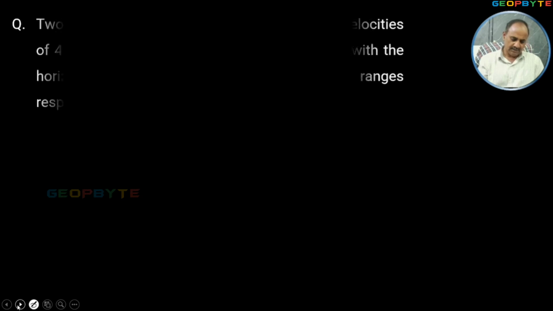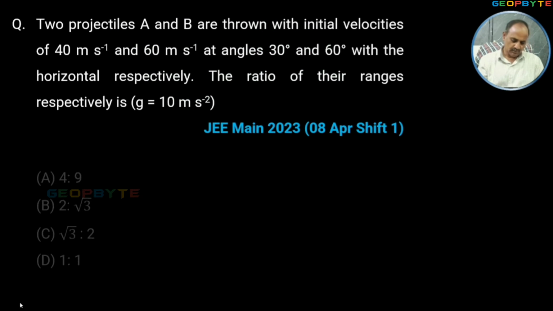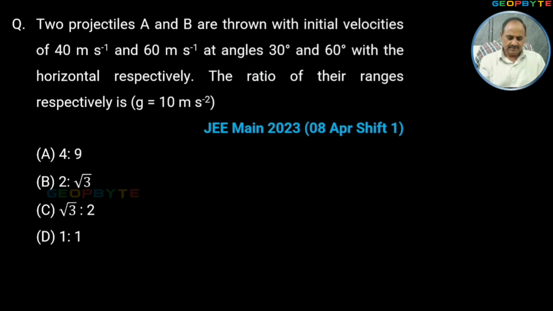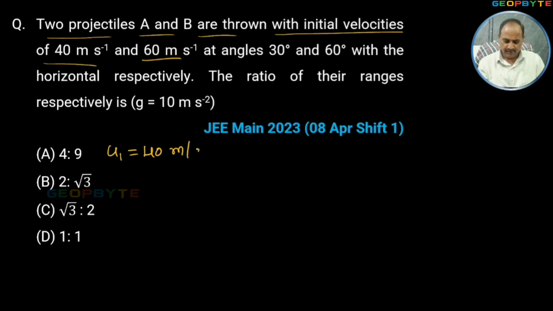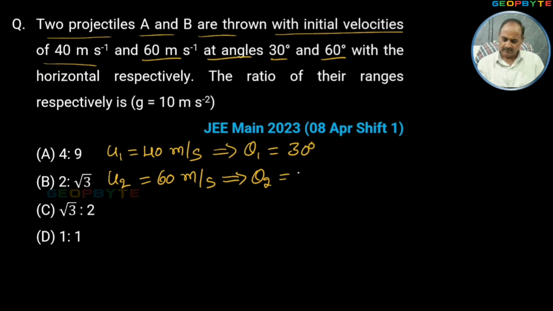Similarly, let us take another question. Look at this one. It is asking like this. Two projectiles A and B are thrown with initial velocities of 40 meter per second and 60 meter per second, U1 and U2, at angles 30 degrees and 60 degrees, theta 1 and theta 2, with the horizontal respectively.